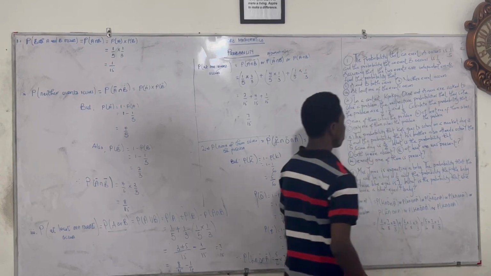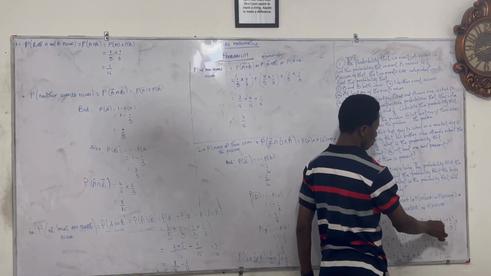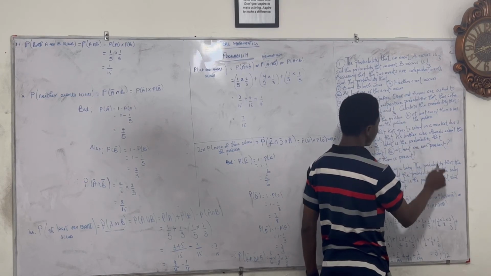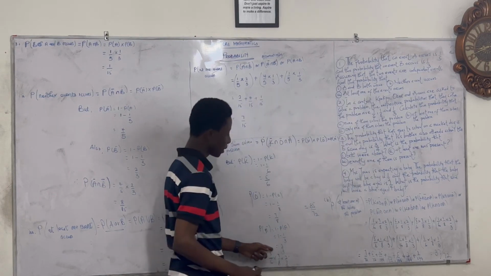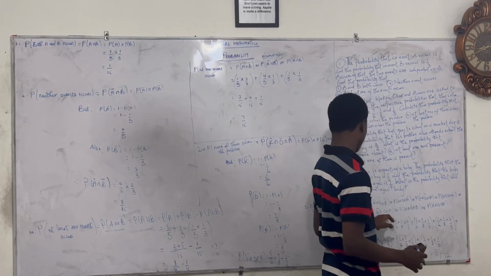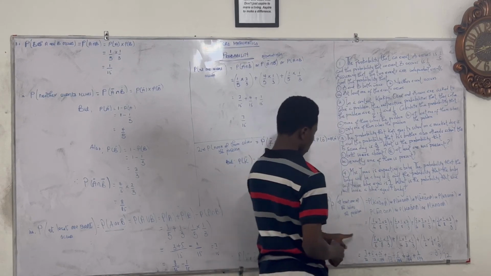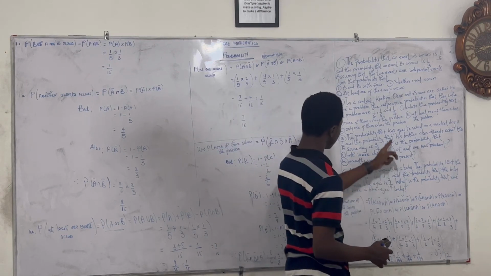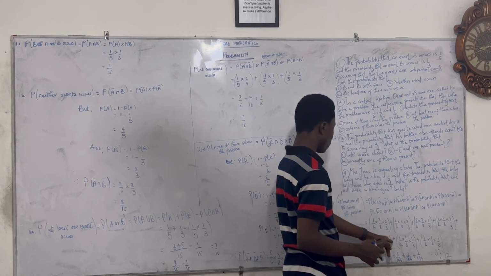1/3. Right, and then the probability that Kpakpo could solve a problem is 1/6, times the probability that Osei could solve a problem from the question is 1/8, times the probability that Anani could not solve a problem has been calculated as 2/3. Alright. So plus now coming here, the probability that Kpakpo could not solve a problem is calculated as 5/6, times the probability that Osei could solve a problem is given in the question as 1/8, times the probability that Anani could solve a problem is also 1/3.